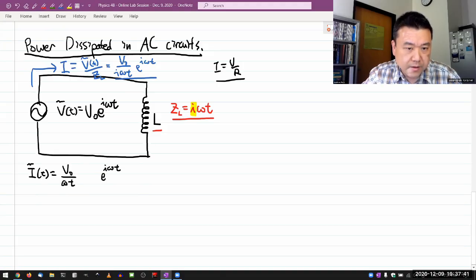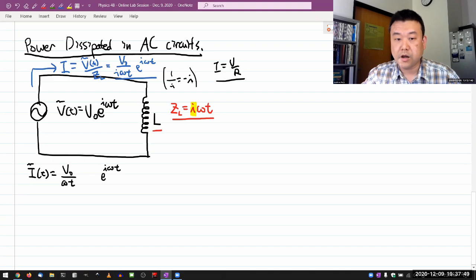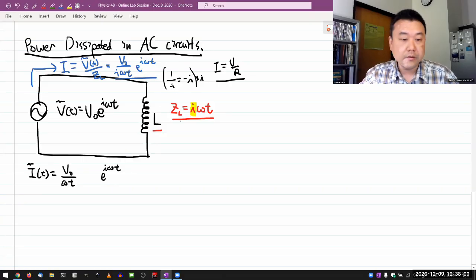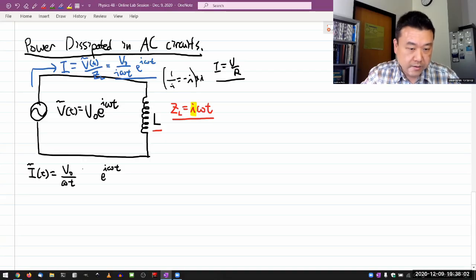And let me do something about this 1 over i. So 1 over i is equal to minus i. To see that equality, you just multiply both of them by i. Both will give you 1, because i squared is minus 1, times minus is 1. 1 over i times i gives you 1. So 1 over i there is really minus i.